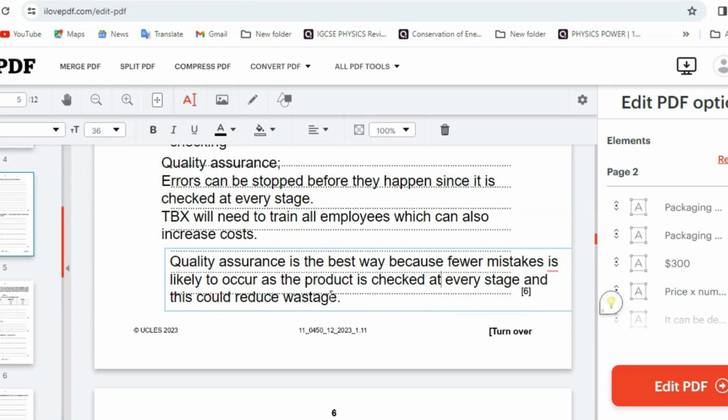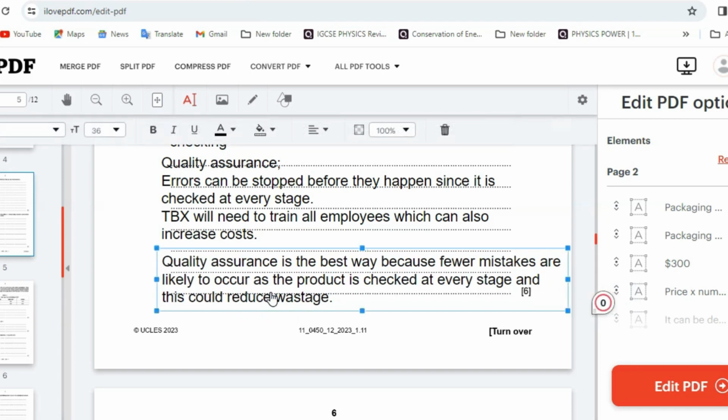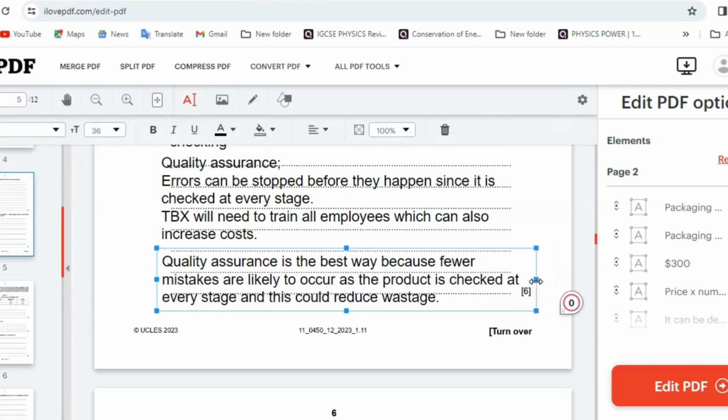By using quality control tool, one of the advantages is that production workers do not need extra training, so there is no increase in cost, but you have to recruit an expert to check the quality of the product.